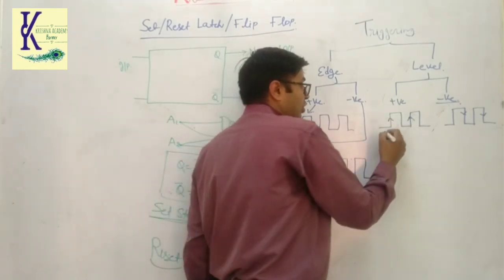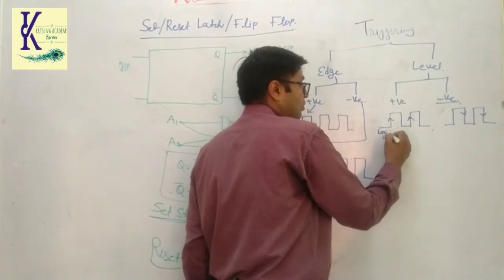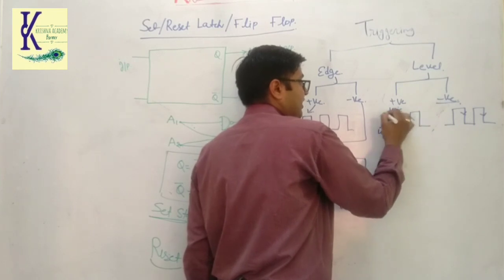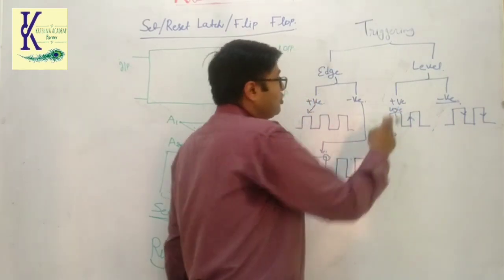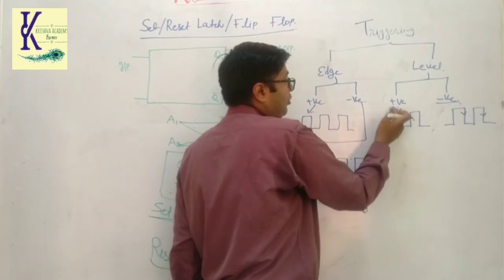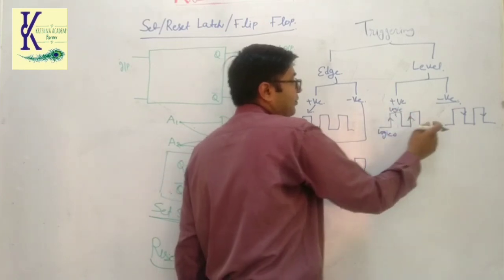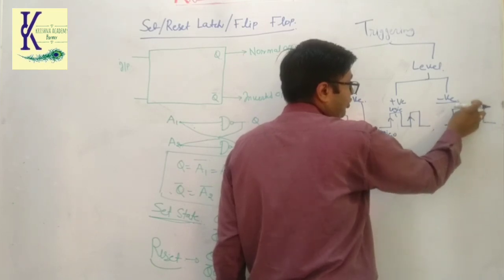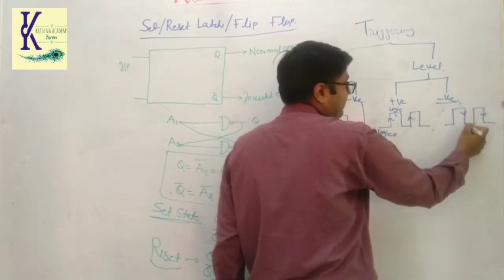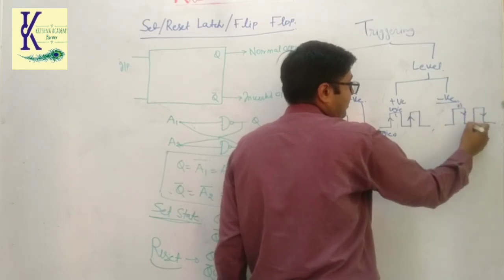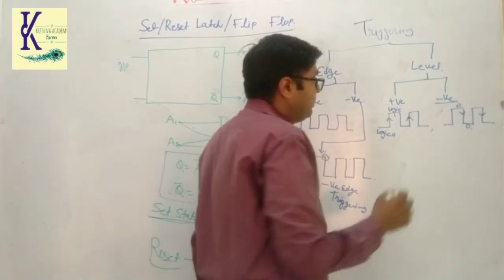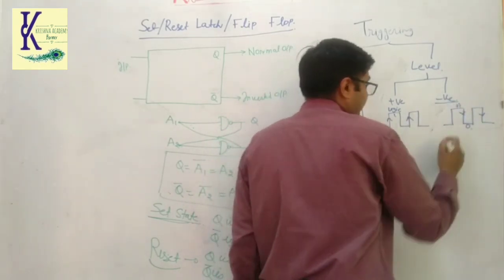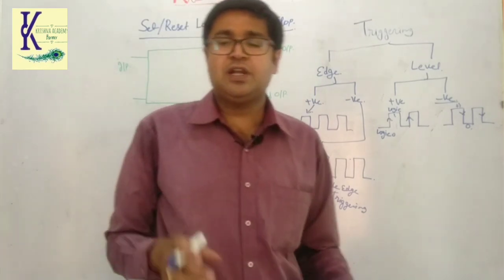Whenever it is going from logic 0 to logic 1, this is called positive level triggering, and we are talking about this one throughout this level. During this level, it is negative side, logical 0. It is moving towards 0, so it is called negative level triggering. So both the terms are used.